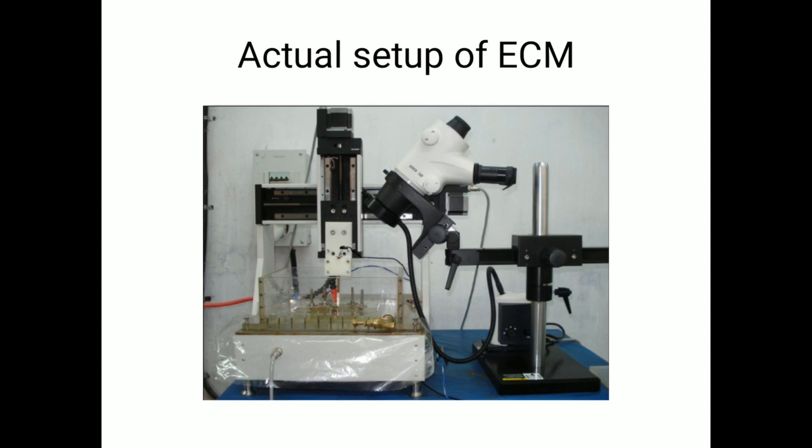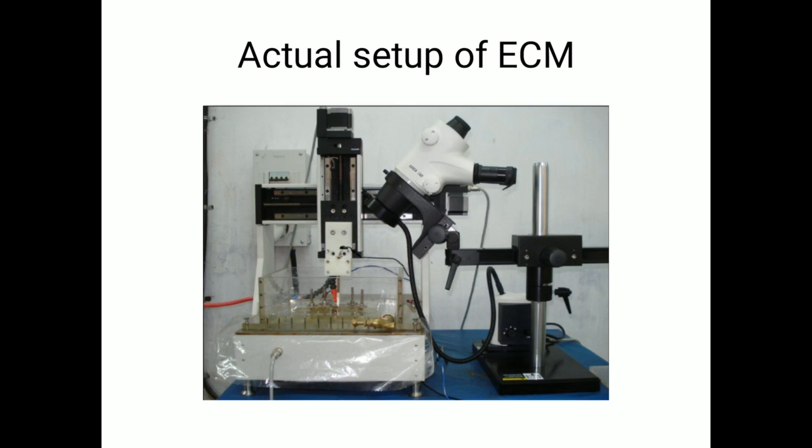We have already seen the animated image of electrochemical machining process. So this is the actual setup of electrochemical machining process, which is used in laboratories for experimental analysis purposes. So you can compare this image with our previous image. You can see a DC power supply over the left corner of this machine.